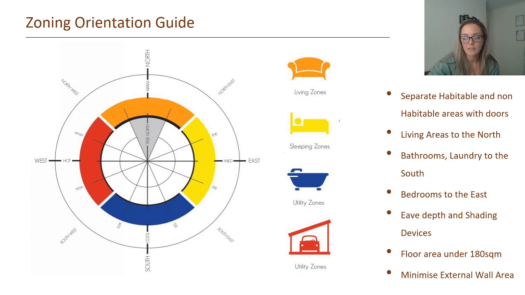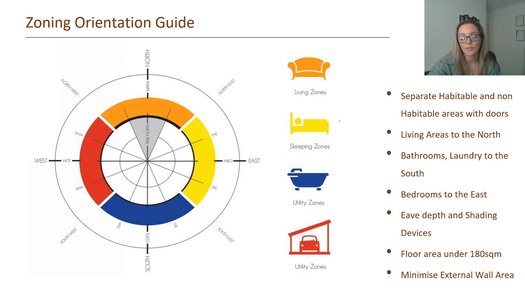Eave depth and shading devices. Shading, especially to the north and the west, is very important. The depth of that shading, obviously the sun changes position throughout the year. In the summer, the sun is higher in the sky, and in the winter it's lower. So the sun is going to be penetrating further into your home in the winter because it's lower in the sky, and that's what you want.